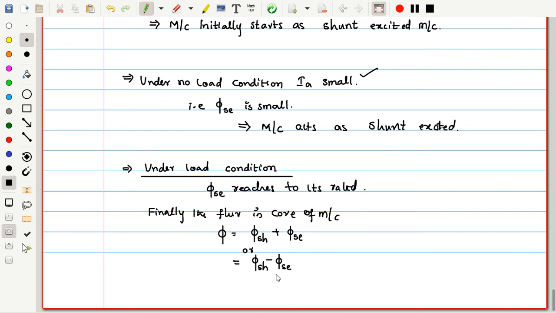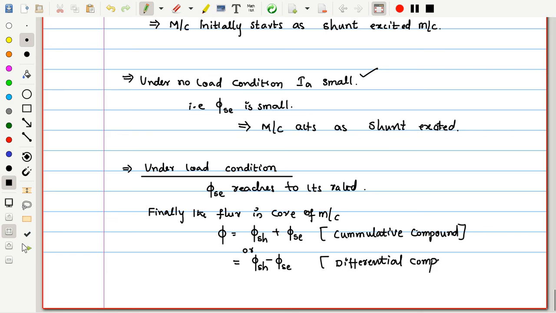We get plus if it is a cumulative compound DC motor, where the field flux is additive in nature. If it is a differential compound, the field flux will be the difference between the shunt and series field.